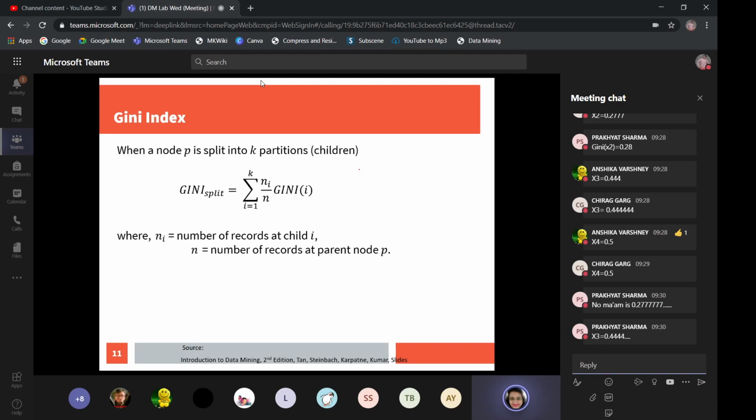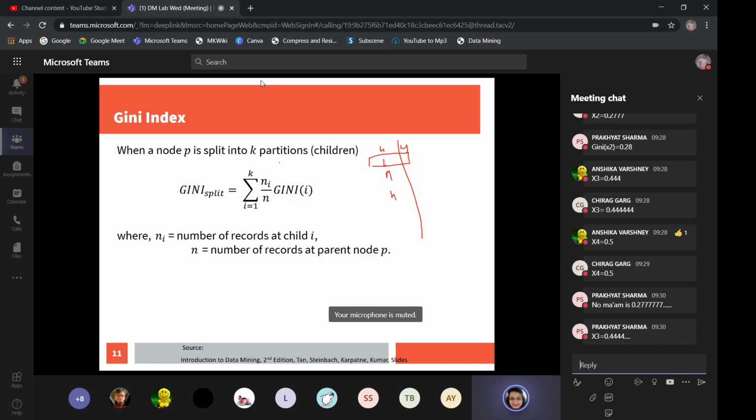Once we are splitting, let's say you have records and this is your target class, but you decide to split on a feature which is also categorical, let's say height, or length, something. So it has low, medium and high categories.